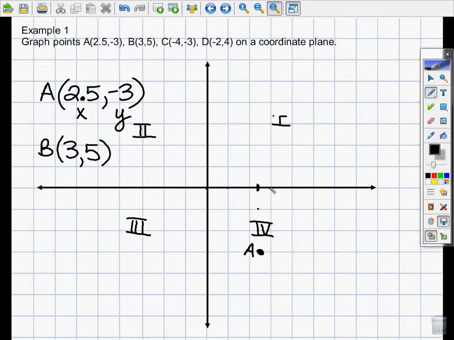Now we're going to go up to positive 5 on the y-axis. 1, 2, 3, 4, 5. Mark it. That's the address. That's where B is located. And what quadrant is it in? It's in quadrant 1. Okay? Take a second and try C and D on your own and see what you can do with it.